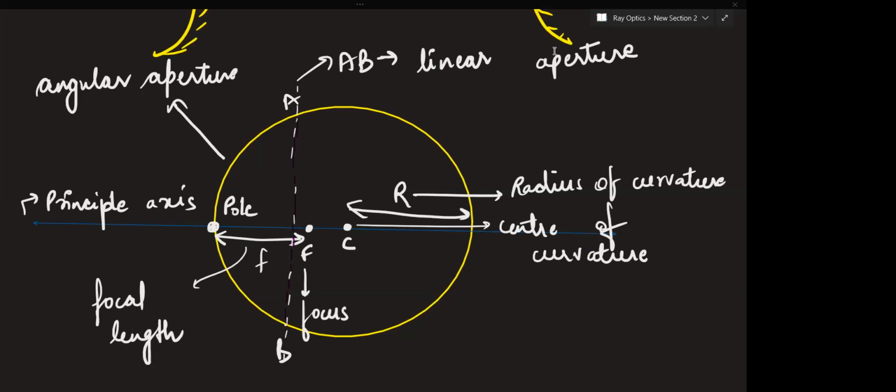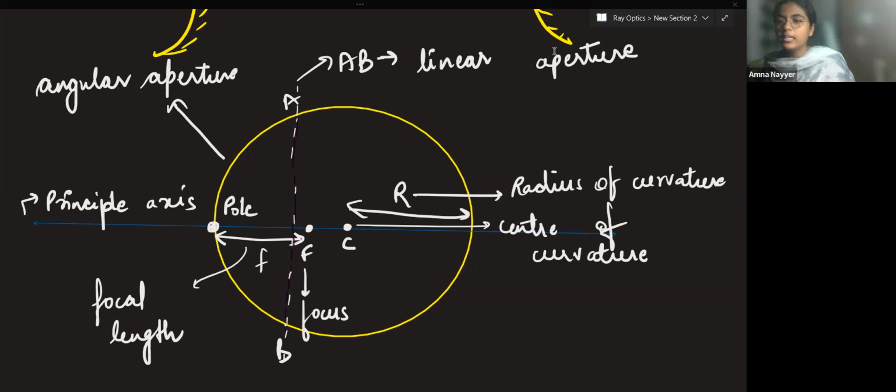See, focus means the point at which all the rays meet. First, your mirror is there. A ray of light will be incident on it and get reflected. After reflection, you will not have a single ray, in ray diagrams or in natural daily phenomena.